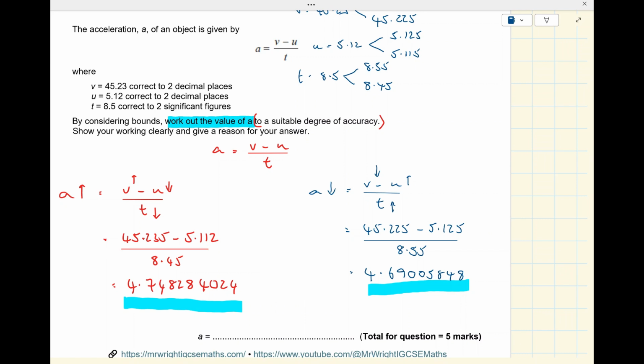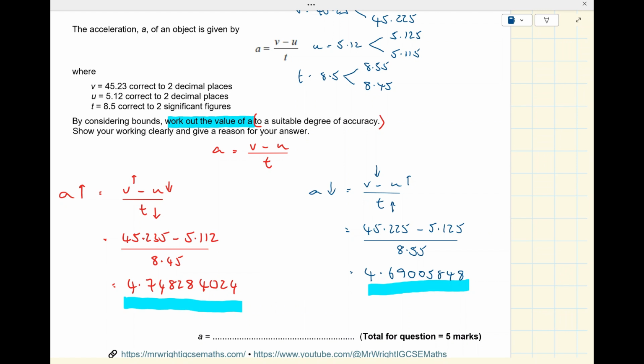Well, if you were giving A to the nearest whole number, the upper bound would suggest that it was 5, and the lower bound would suggest that it was 5. So you could definitely say that A is 5 to the nearest whole number, for sure, because whatever A is, and remember A lies between our two long decimals there, whatever it is, it's definitely 5 to the nearest whole number. Could you round whatever A is to one decimal place?